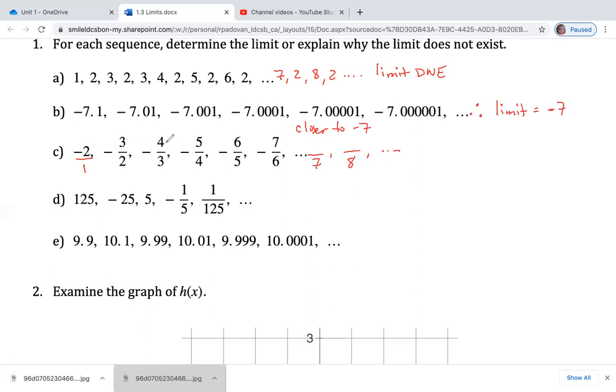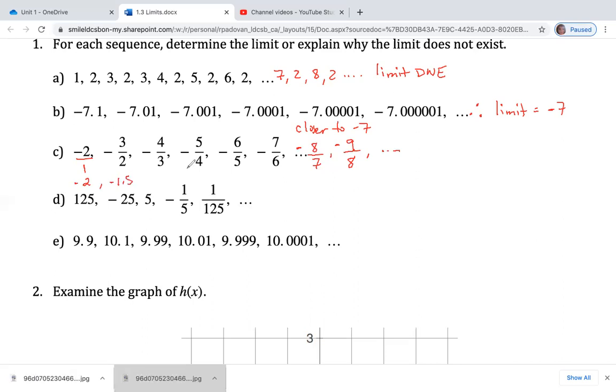Are these fractions closing and narrowing in, getting closer and closer to one particular limit? If you want, change these into decimals. So this is a value of -2, if that helps you see it.